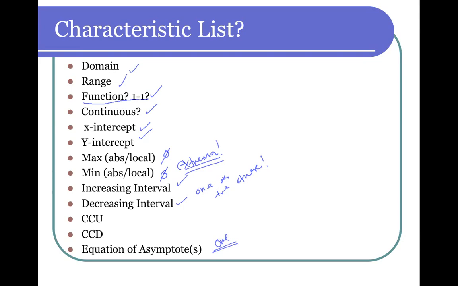We had to deal with horizontal. We had to deal with vertical. For the equation of an asymptote, for an exponential function, you're just going to have one horizontal asymptote for exponential. Fantastic. So here is your list of characteristics.